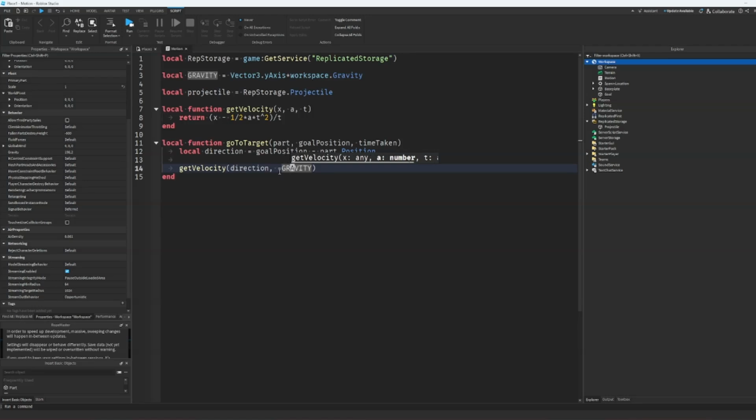And for time, we can have our time taken here, and this will be our velocity. This will give us a Vector3, because addition or multiplication with Vector3s usually works, and squares also work fine.